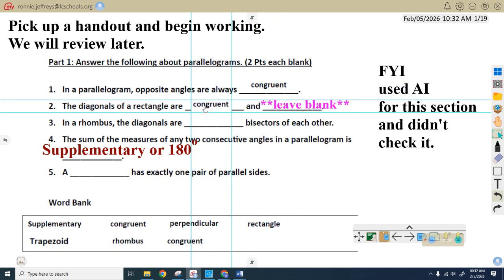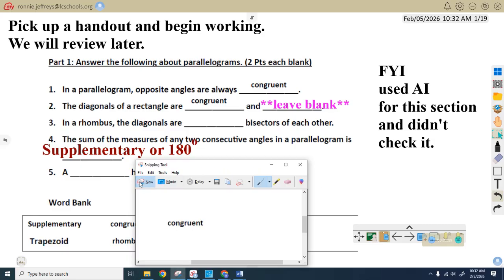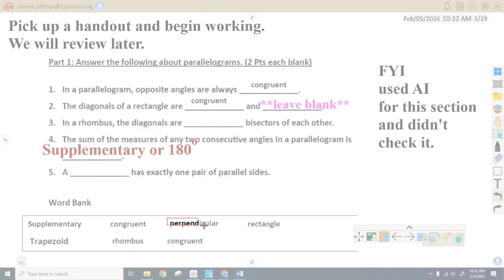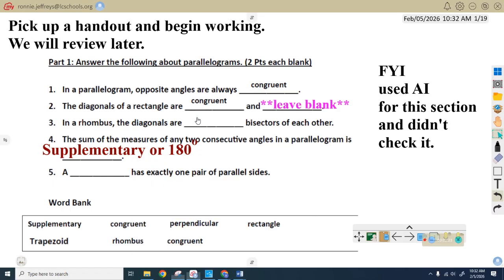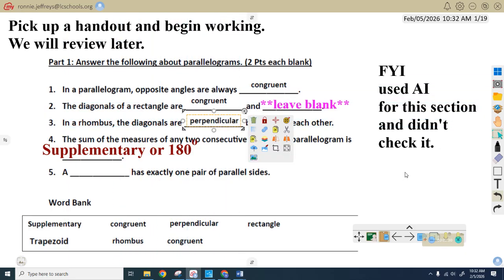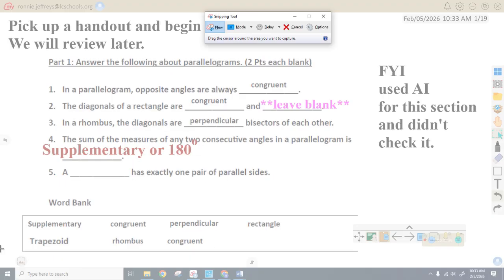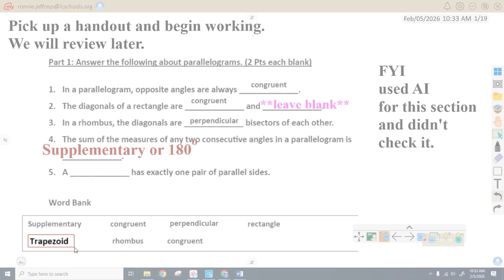Now, diagonals of a rectangle are also congruent. In a rhombus, diagonals are perpendicular bisectors of each other.